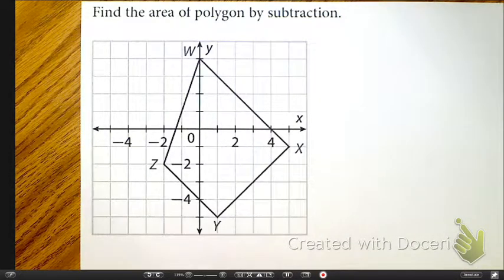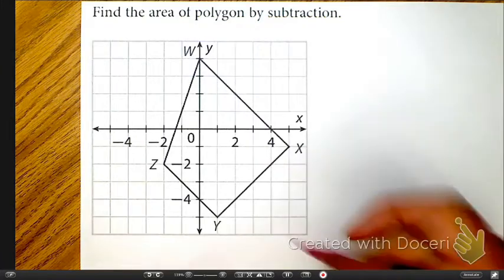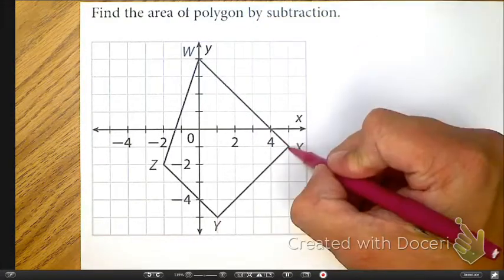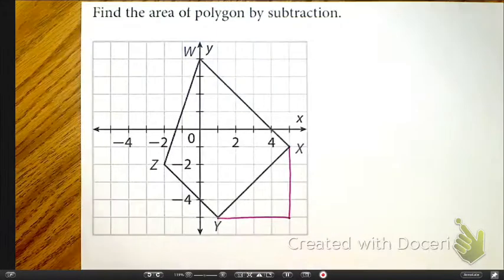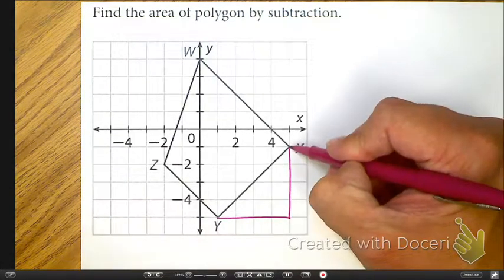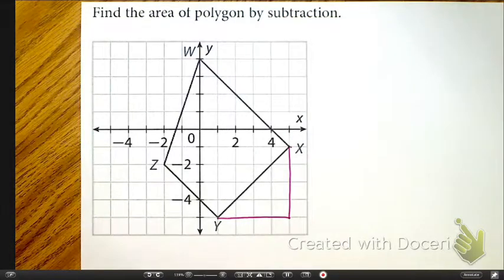If we have a polygon that does not follow normal grid lines, finding the area by subtraction may be easier. To find the area by subtraction, I'm going to take our polygon and build a square or a rectangle around it. From each side, XY for example, I'm going to construct a right triangle. Always use the widest side and the lowest side to help you construct.